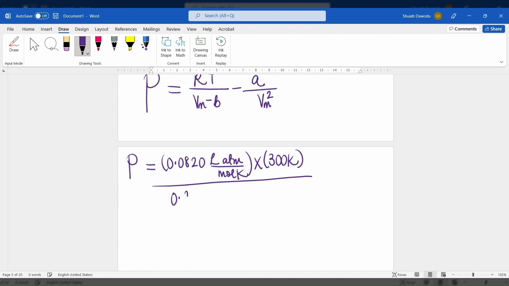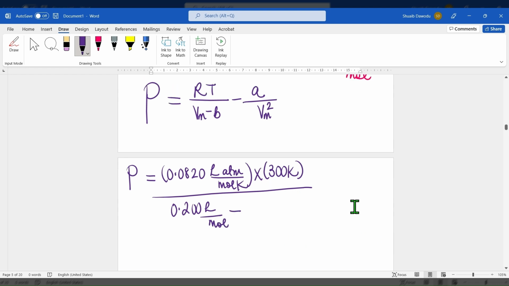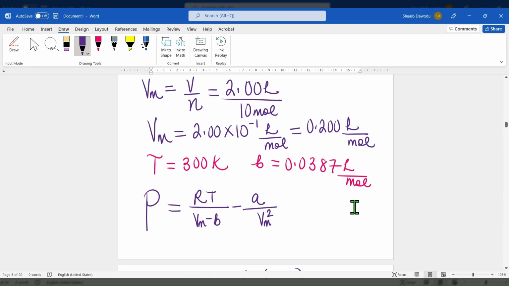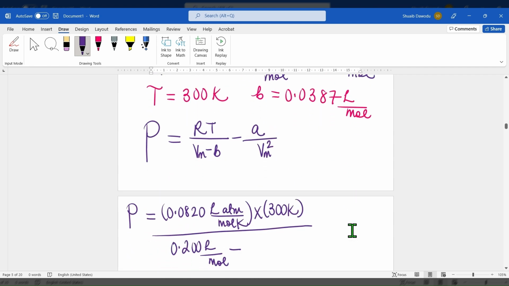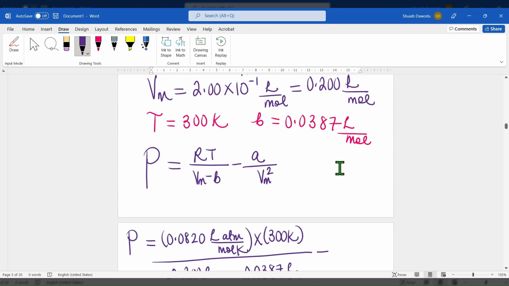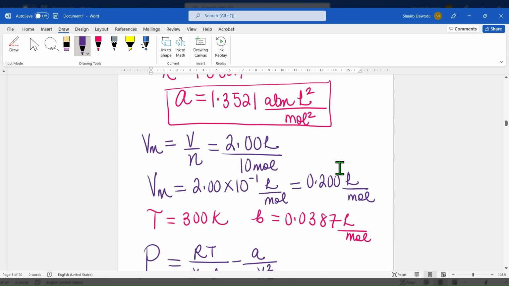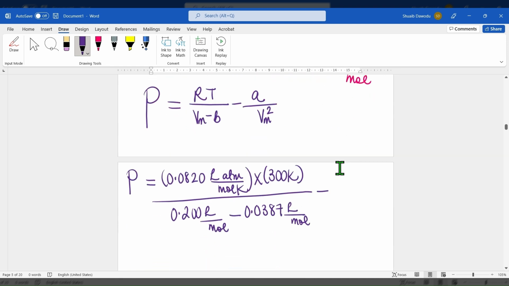So 0.200 liter per mole minus the value for B, which is 0.0387 liter per mole, minus the value for A, which is 1.3521 atmosphere liter squared per mole squared.